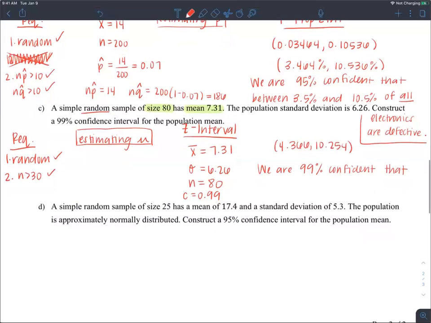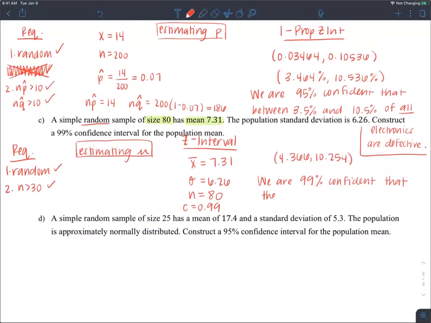And so I'm just going to say that the population mean is between 4.37 and 10.25. One of the reasons that I rounded these to 2 decimal places in my interpretation was because that's how many decimal places it was given to me with.